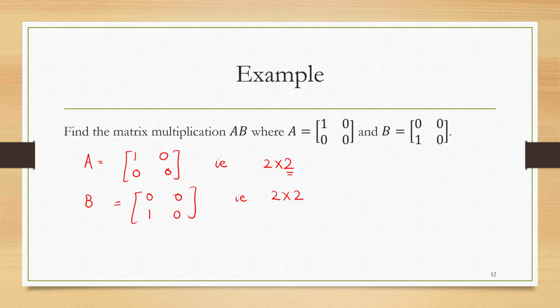So the number of columns here is the same as the number of rows here. Therefore, AB is defined and the order of AB is 2 by 2. Now let's find AB.